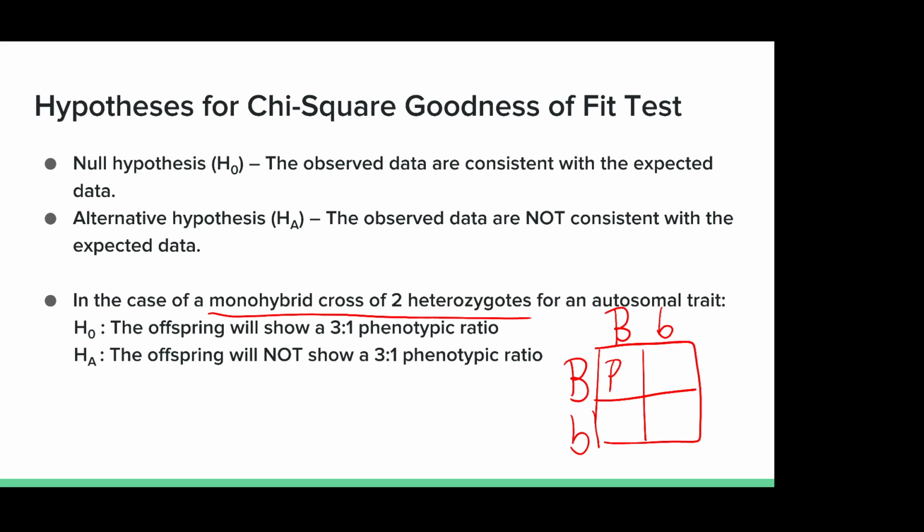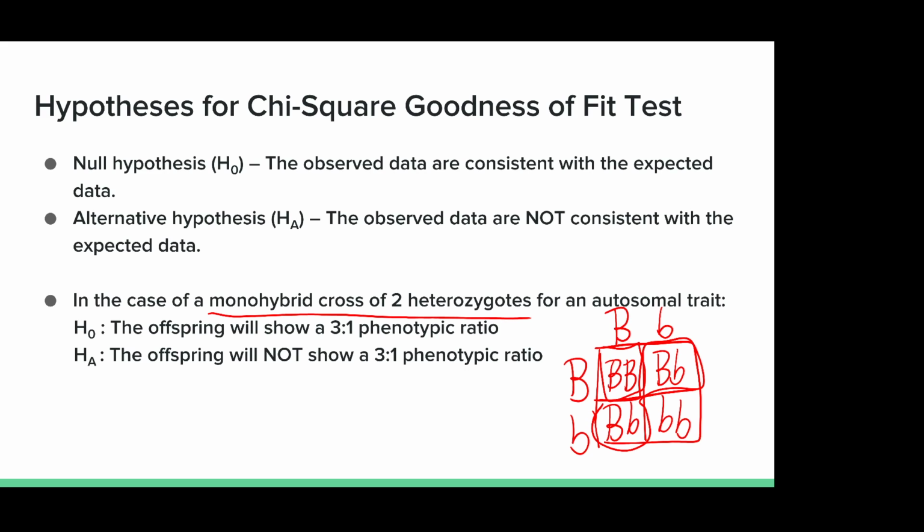Crossing them, we get homozygous dominant as one of the four possibilities, heterozygotes as two of the four possibilities, and homozygous recessive as one of the four.